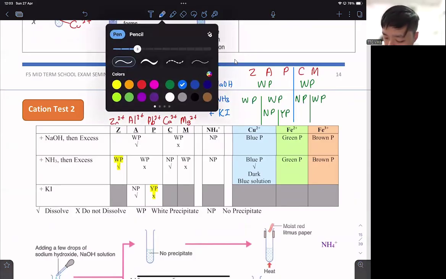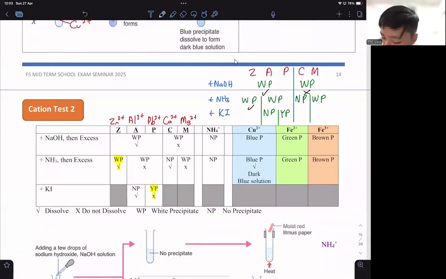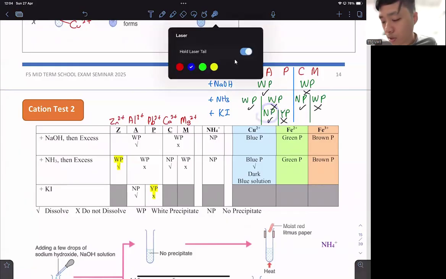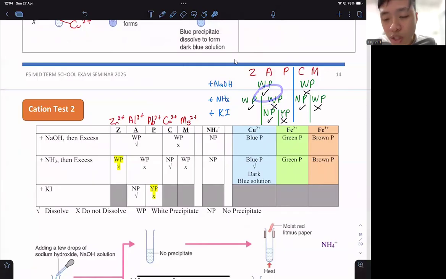Then the tick, cross, tick, cross, and so on. WP is white precipitate, YP is yellow precipitate, NP is no precipitate. The tick means it can dissolve in the solution, and the cross means it cannot dissolve.